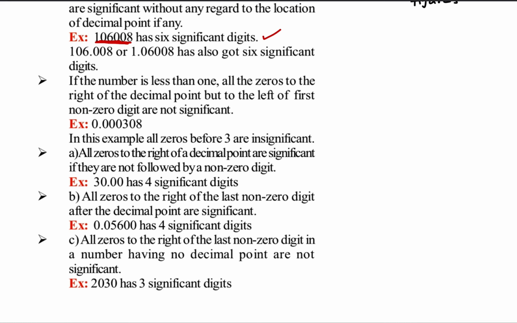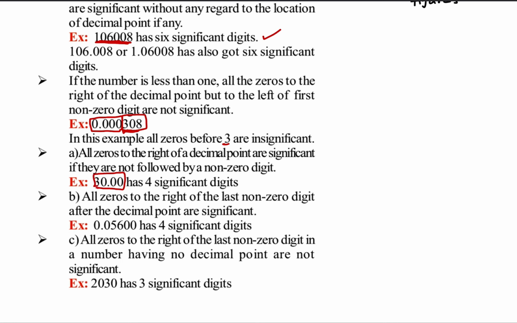The zeros to the left of the non-zero digits are non-significant. In this case, only 308 is significant. Before that, we can forget about whatever zeros are there. So 3 significant figures are there.